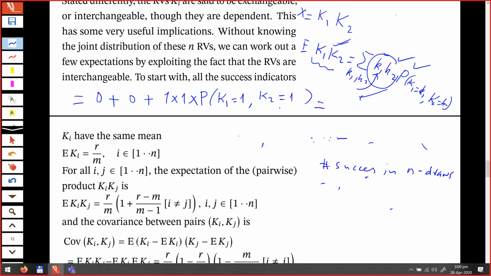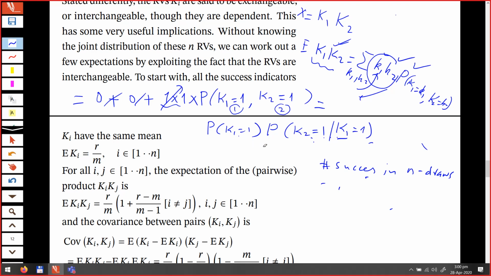One event is related to the second draw and the other event is related to the first draw. 1 times 1 is 1, so I don't care about that. This is the probability of what? I can start with K1 equals 1 and then use the conditional probability, K2 equals 1 given K1 equals 1.